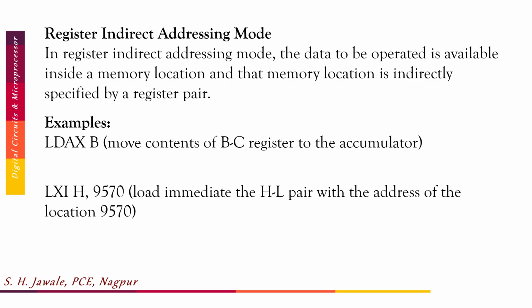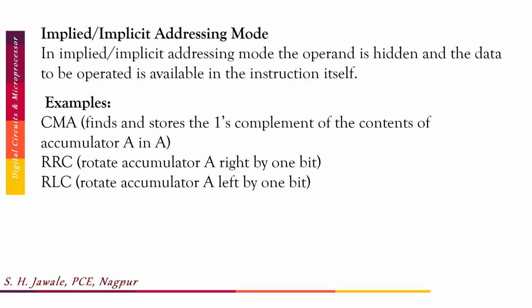It means your data required to execute the instruction is present in a memory location, and the name of the register pair holding that address is given in the instruction, which is called register indirect addressing mode. Now the last addressing mode is implied or implicit addressing mode.